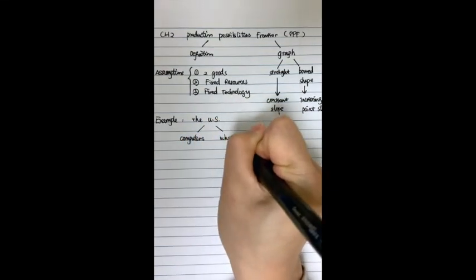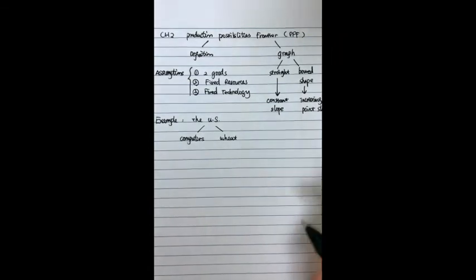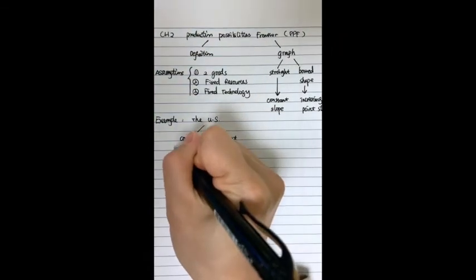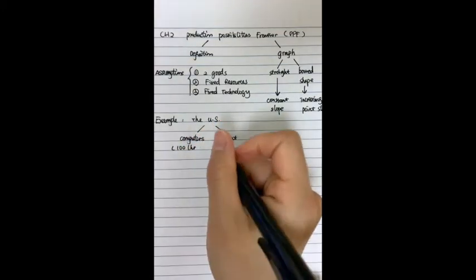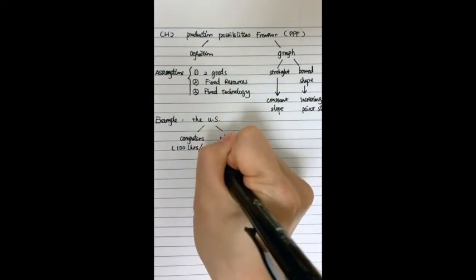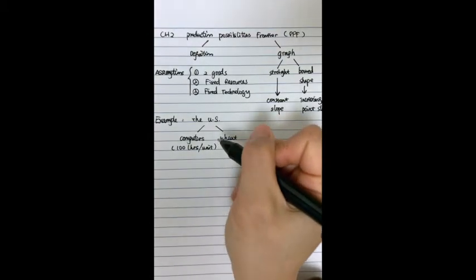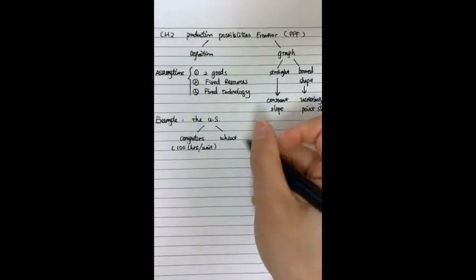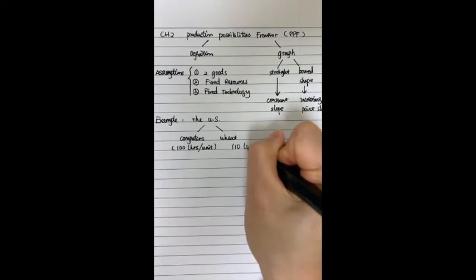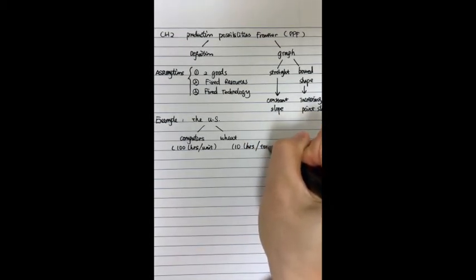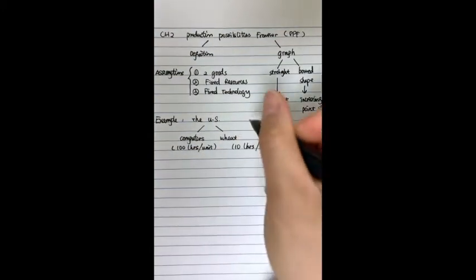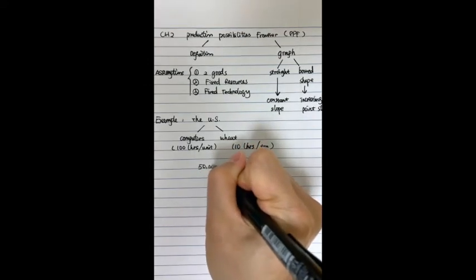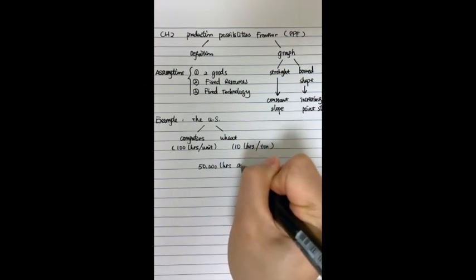Computers, weight, right? Producing 1 unit of a computer needs 100 labor hours per unit. And producing 1 ton of the weight needs 10 labor hours per ton. We also have the given resources that US only has 50,000 labor hours available, okay?